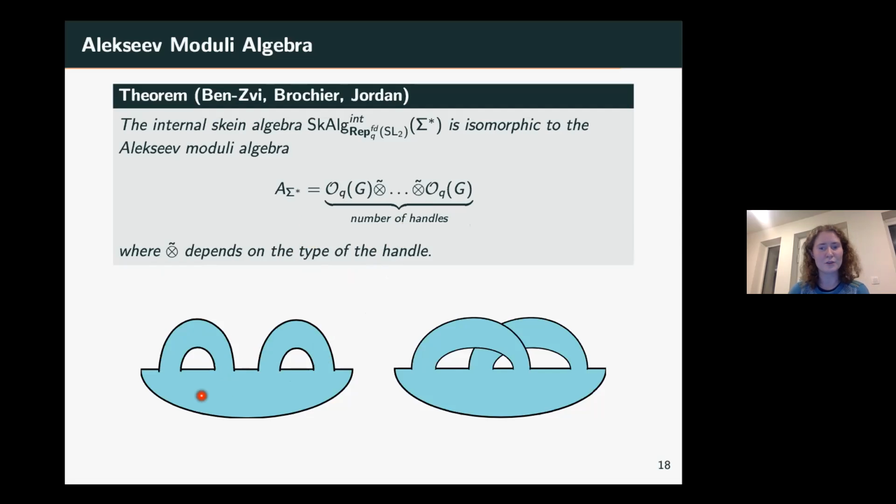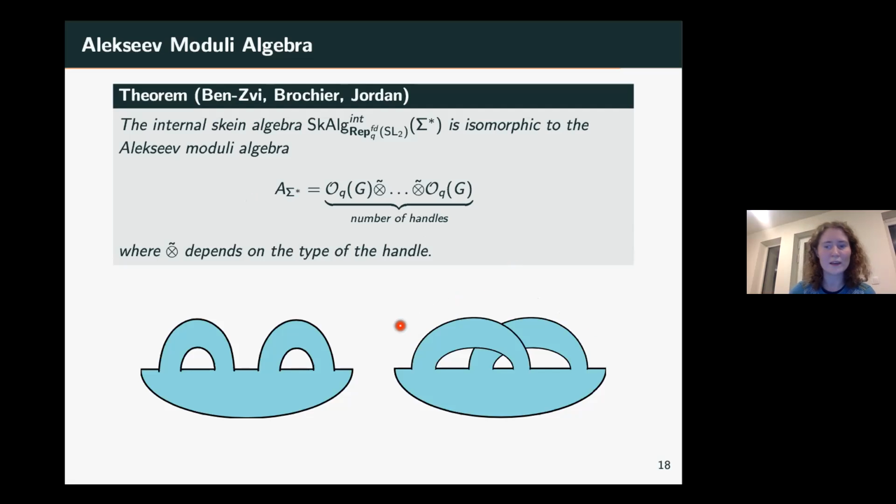And the internal Skein algebra of this 3-punctured sphere is isomorphic to the braided tensor product of 2 copies of the reflection equation algebra. This algebra is also called the Alekseev moduli algebra, because he came up with it long before any of the factorization homology stuff turned up.